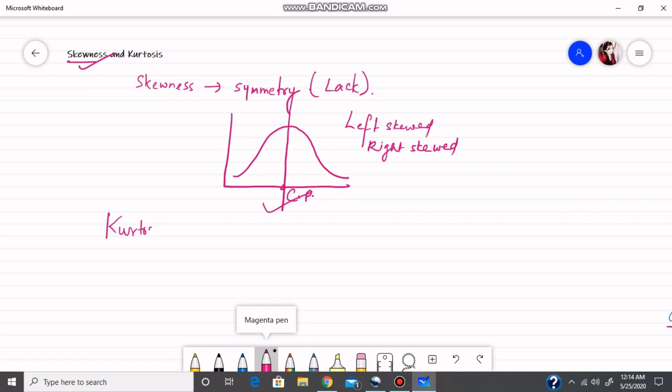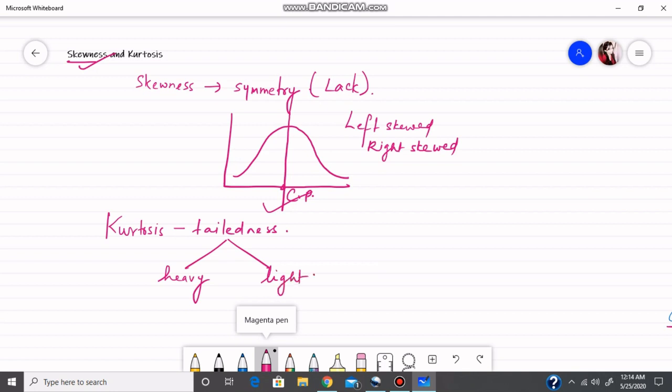So kurtosis is a measure of tailedness. So here we are comparing the tails of this distribution, whether it is a heavy tailed data or a light tailed data.